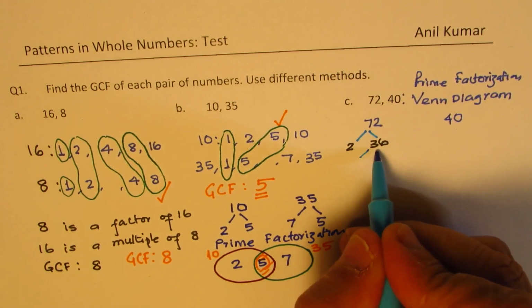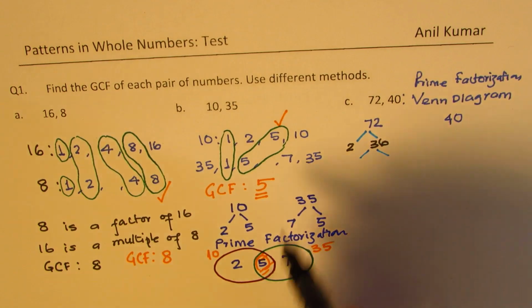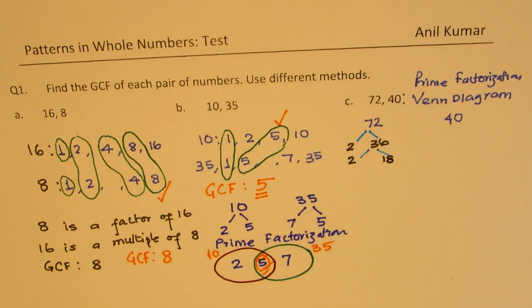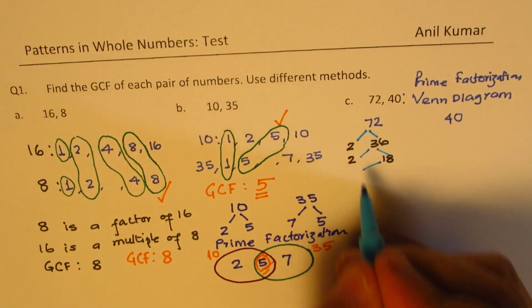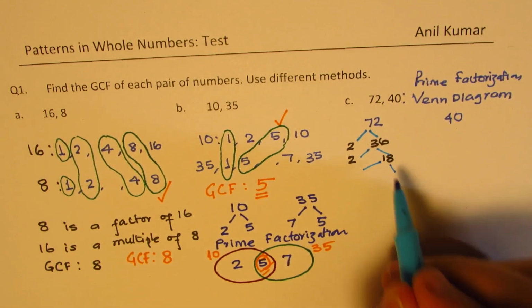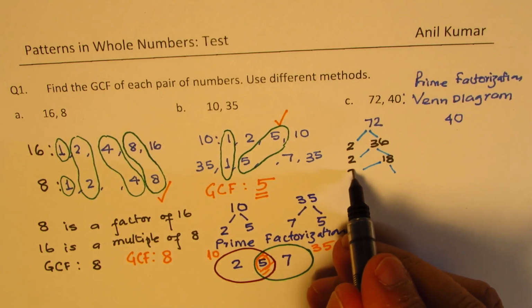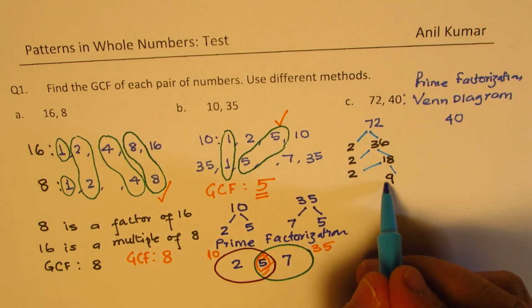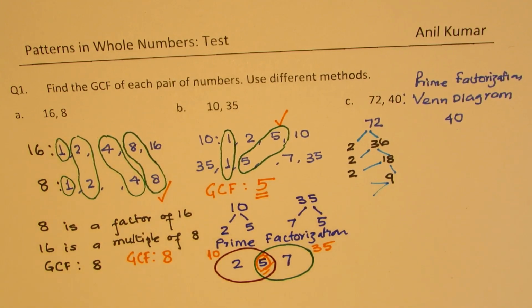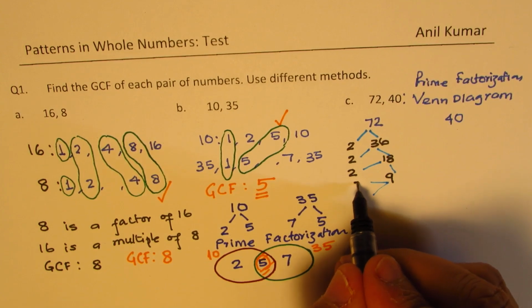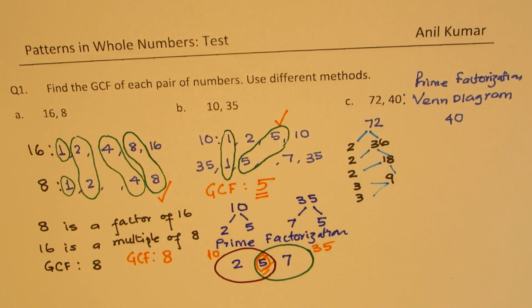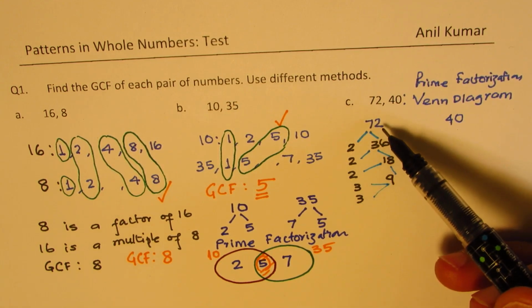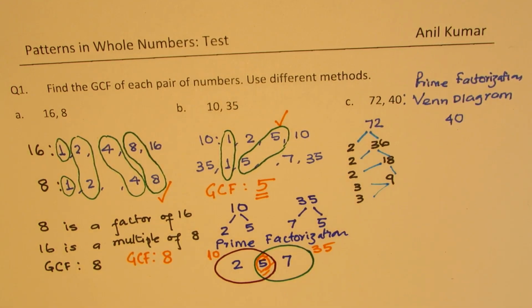So for 36, we can again split this, taking a prime number 2 times 18, and then with 18, we have again prime number 2 is a factor times 9, and as far as 9 is concerned, I could write 9 as 3 times 3. You see that? So 2, 2, 2, 3 and 3 are the prime factors for 72.